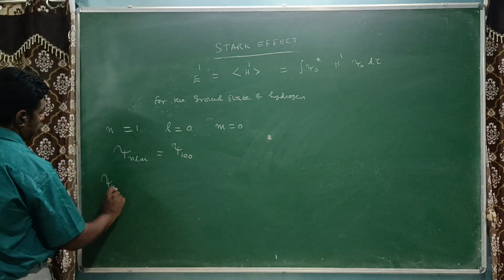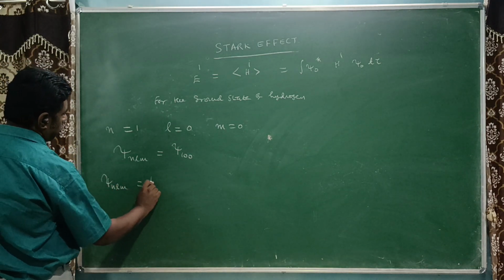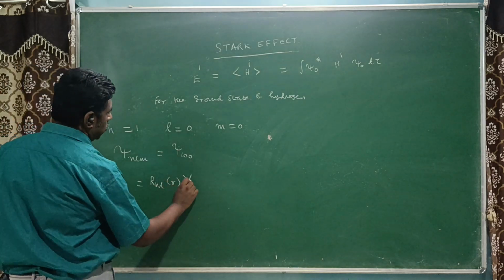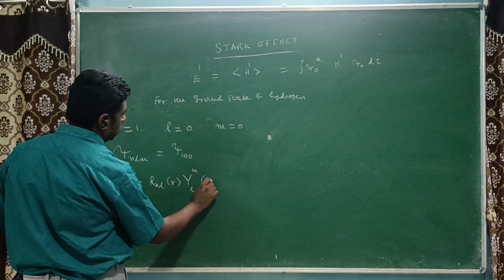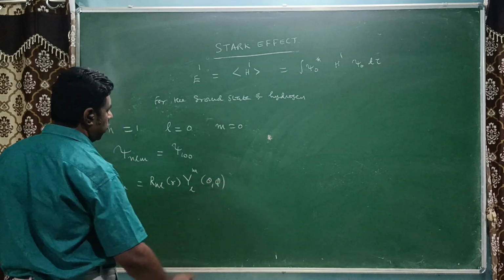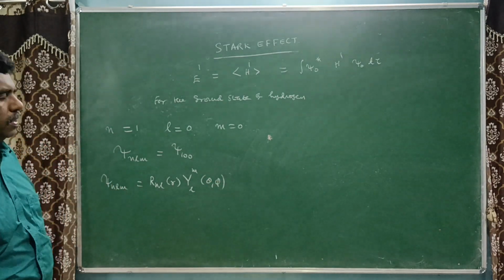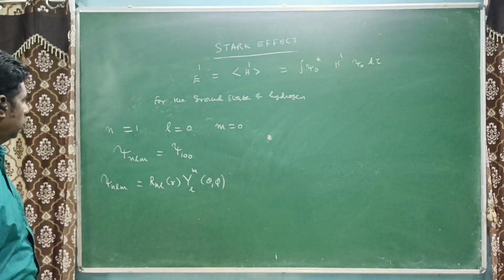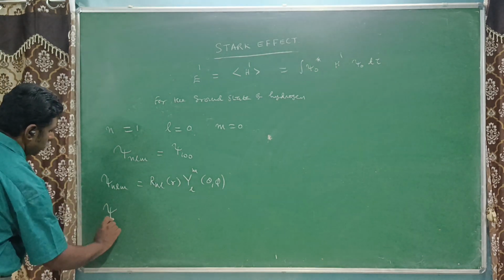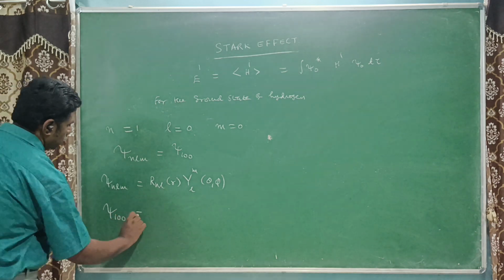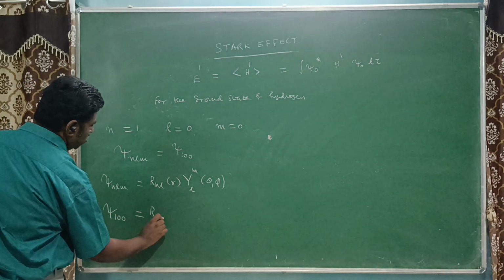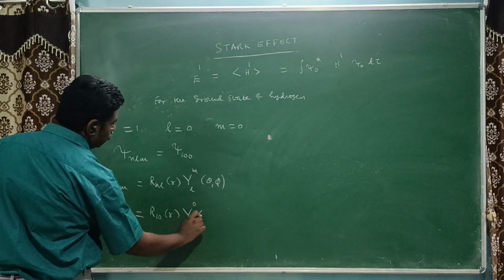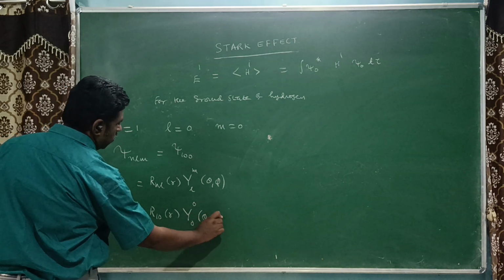The general formula for psi n l m equal to R n l of r Y l m of theta comma phi. Y l m of theta comma phi is called spherical harmonics. This is our radial part. Here psi 1 0 0 equal to R 1 0 of r Y 0 0 of theta comma phi.